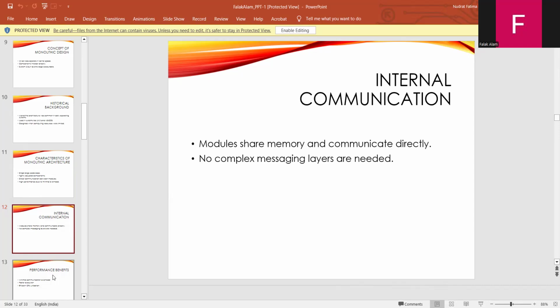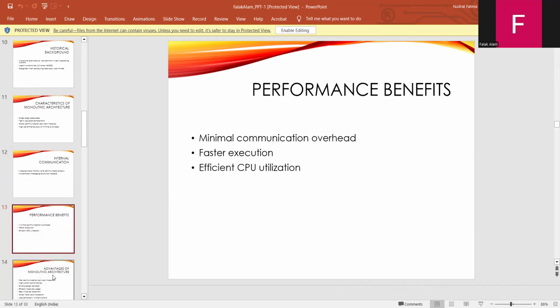Now, what could be the performance benefit of the monolithic architecture? Let's see. One of the major advantages of monolithic architecture is its high performance. Since all components operate within the kernel, communication between services is very fast.